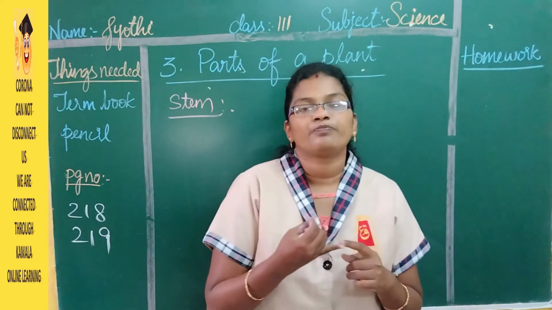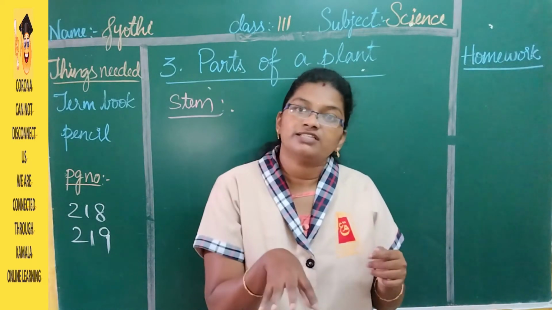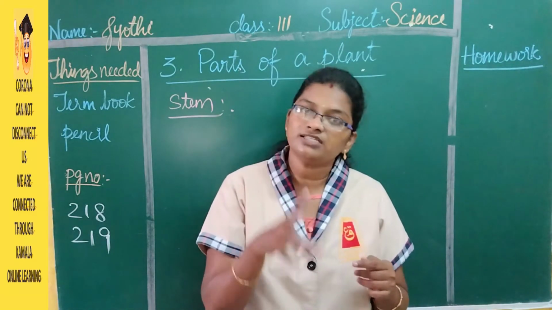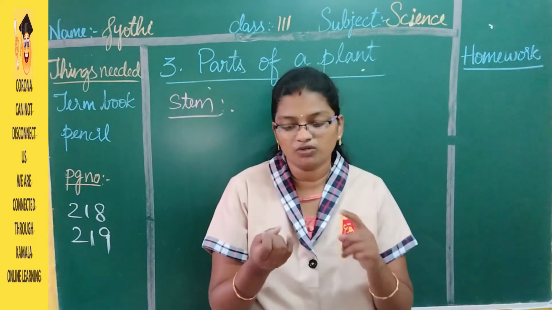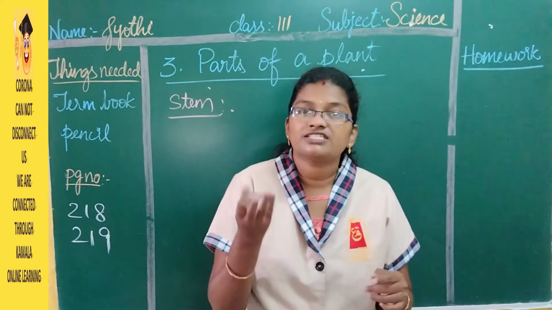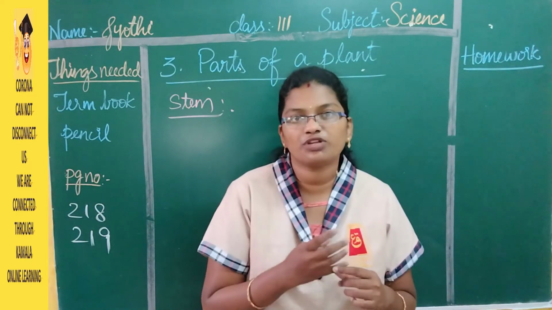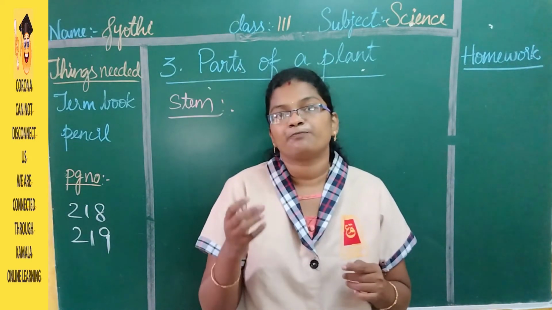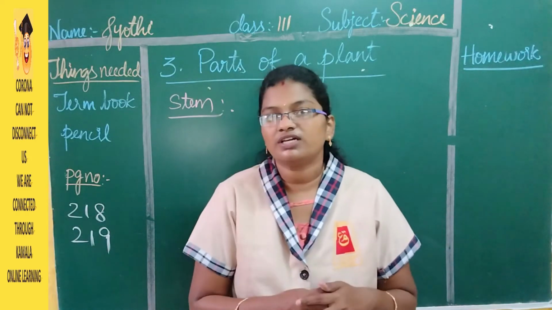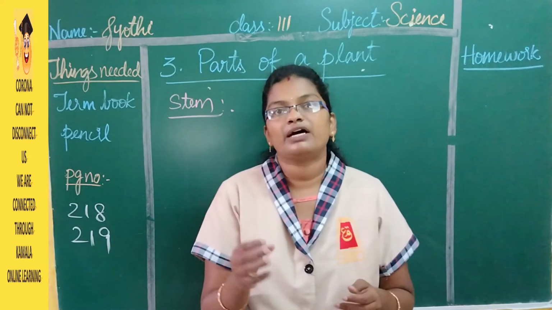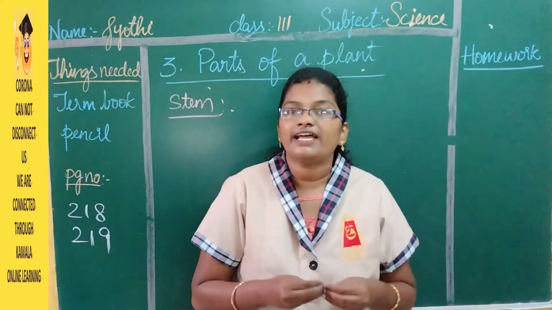One is potato. You may think that potato grows inside the ground, but it is the stem. It is not the root. Potato and ginger also grow inside the ground, but it is the stem which is storing the food. And sugarcane grows above the ground. So these are all the edible parts. Edible means which we can eat.